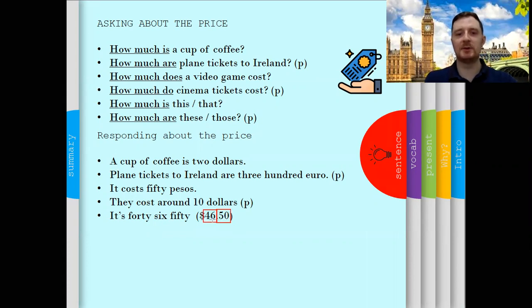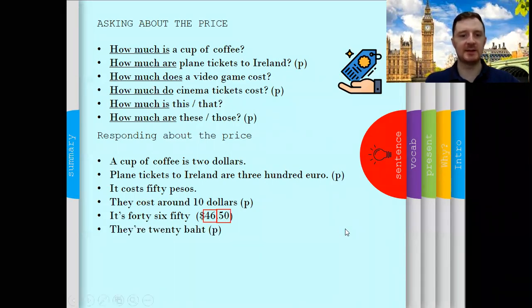In the first box we have 46, and in the second box we have 50. So the way we say this correctly is 46.50, and we don't need to say dollars. If it's not a whole number such as 2, 3, 4, we will have to say two different numbers.